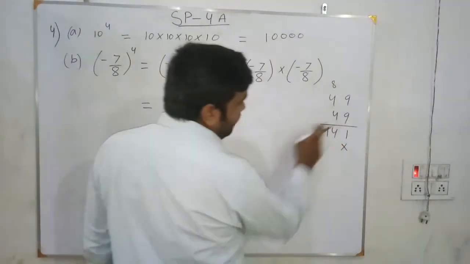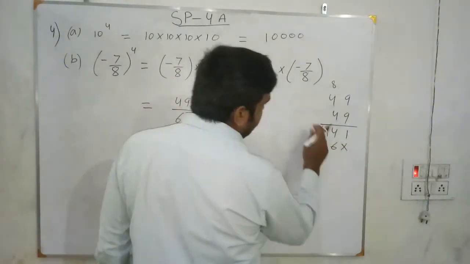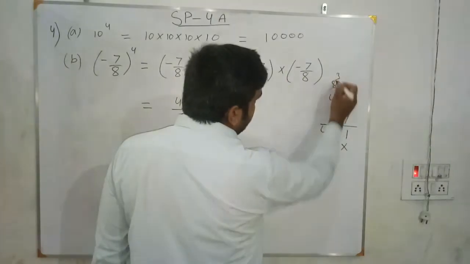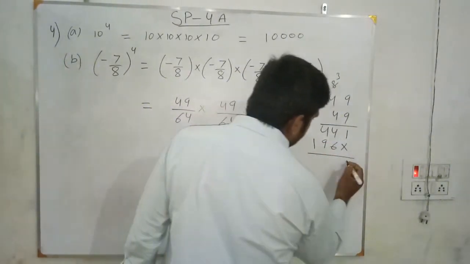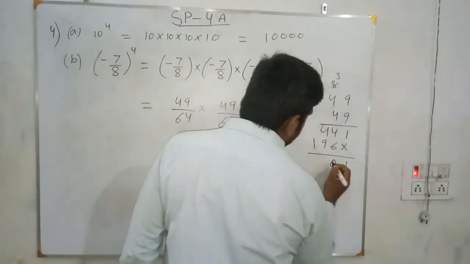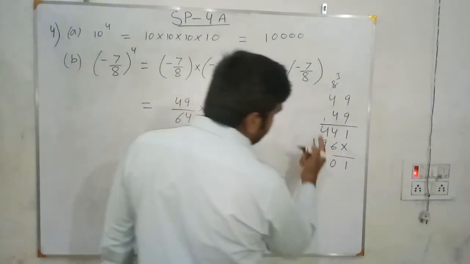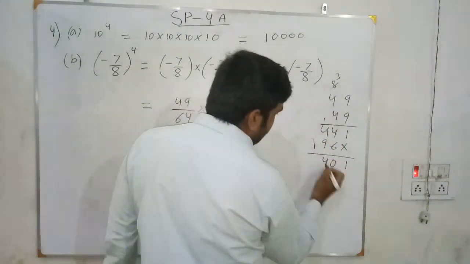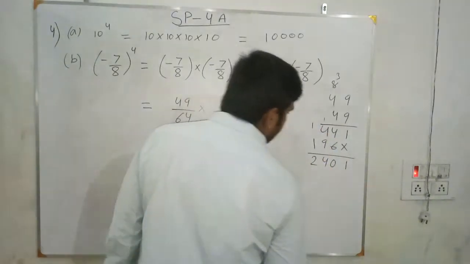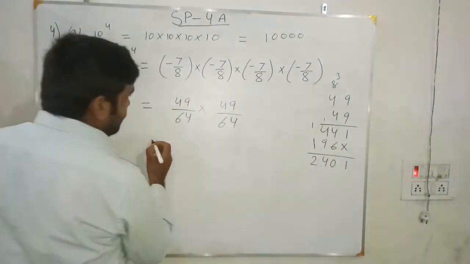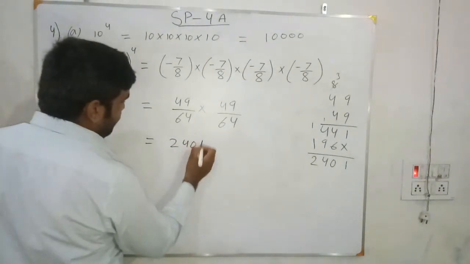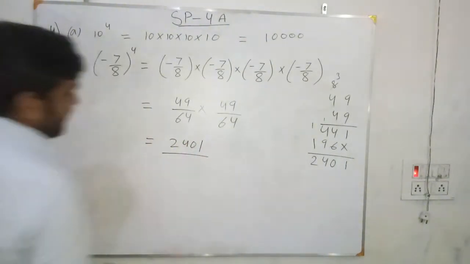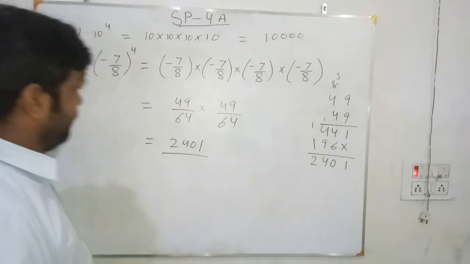Now 4 9s are 36, 6 carry 3, 4 4s are 16, 3 is 19. So 1, 4, 6, 10, 0 carry 1, 5 9 14, 4 carry 1, 1 1 2. So 2401. At the numerator place what we got? 2401. Now at the denominator place, 64 multiplies 64.